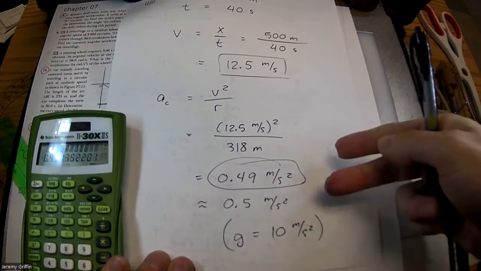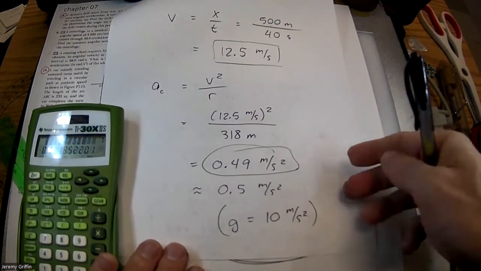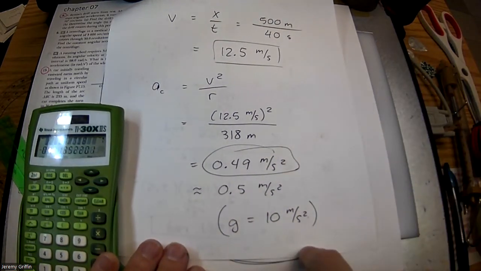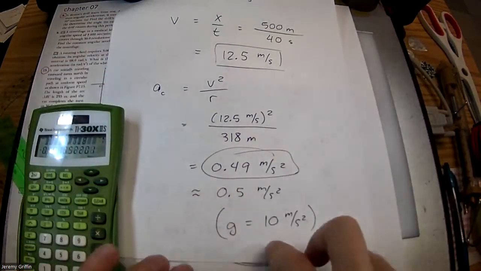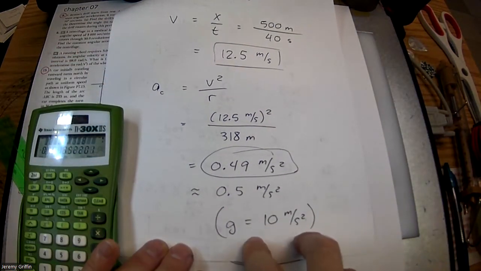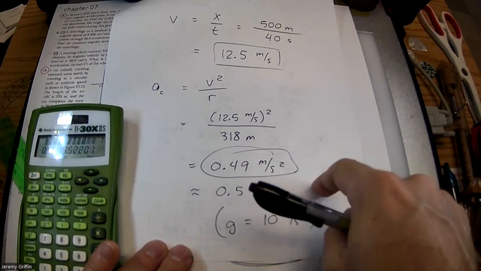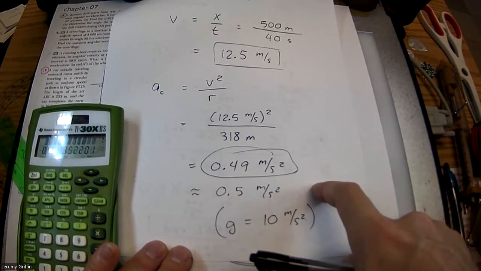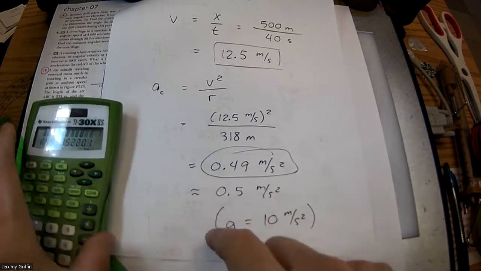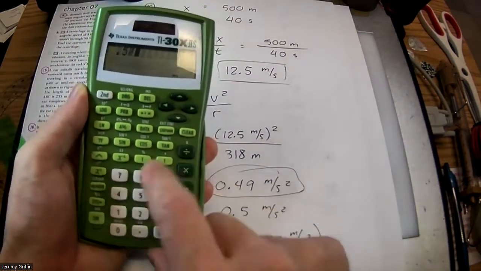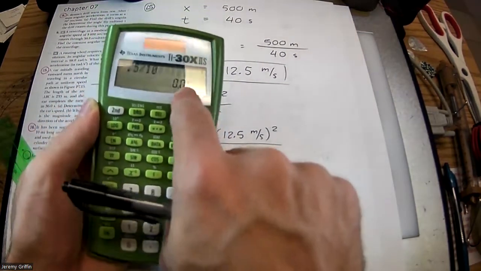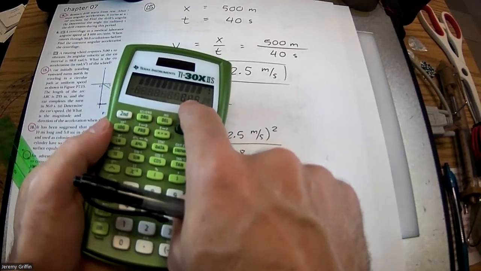I think it's the same ratio going on here. So what's the g force? Not really a force, but how many g's would my driver feel? What is half a meter per second squared compared to 10 meters per second squared? It's 0.05. It's like a 20th of a g.